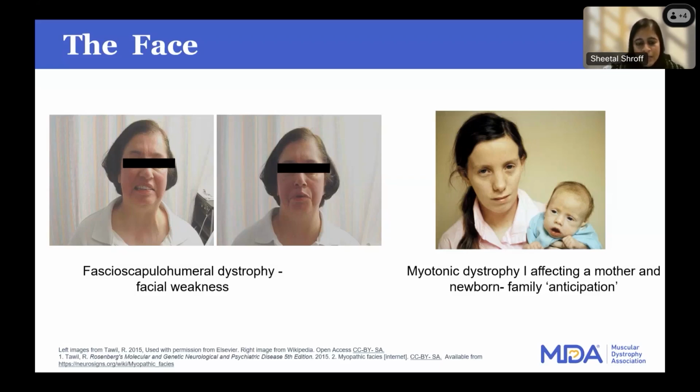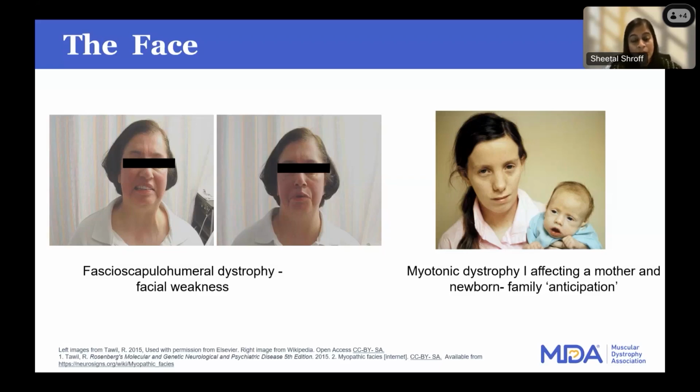So anticipation is a phenomenon where the symptoms of the disease are much more severe and manifest at an earlier age in each successive generation. So if the mom had symptoms, say in her 50s, then the child, say the daughter, could have symptoms in her 20s.